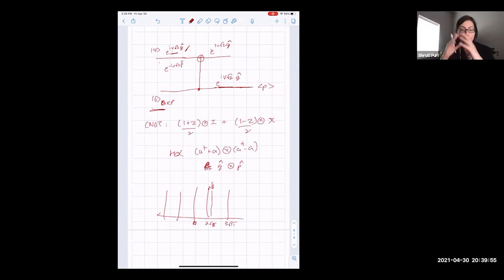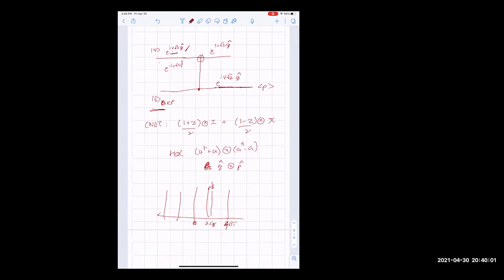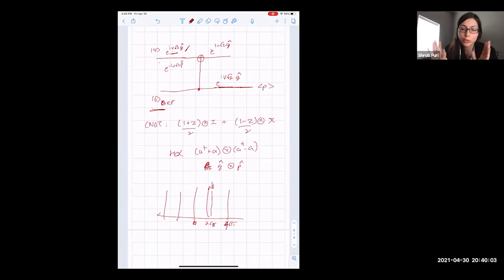So if you do a homodyne measurement, and the result, sorry, this is 4 square root of pi. If the homodyne measurement result was 2 square root of pi, that means V was 0 and there was no error. If you measured 2 square root of pi plus delta, then you know that there was a delta error on this guy and you can go back and correct it.